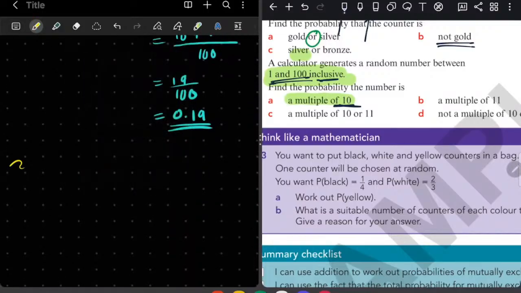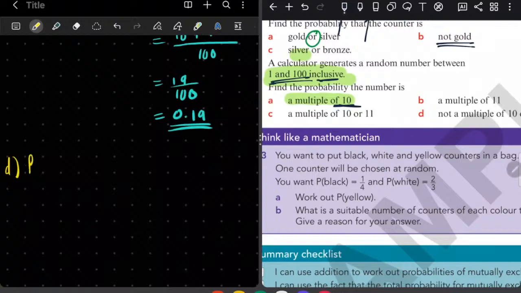How do you get this one, which says probability of not a multiple? When you see the word not, there's only one way of doing these ones which say not. Class, how do we do these ones which say not?